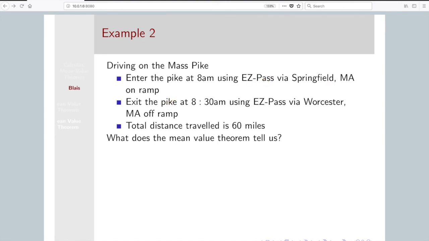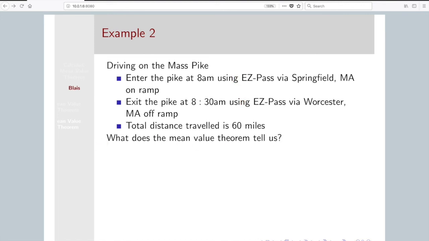EZ Pass is a device that registers the time and the location that you get on the highway. At 8:30 a.m., so 30 minutes later, the driver exits the Mass Pike in Worcester, Massachusetts, and is registered with EZ Pass. And let's assume there's exactly 60 miles in between where the driver got on and the driver got off of the highway.